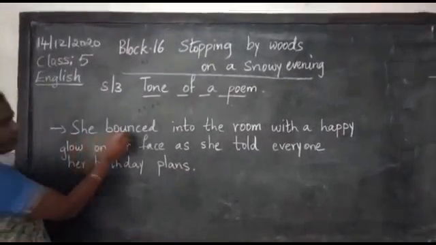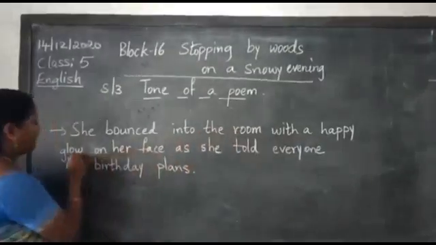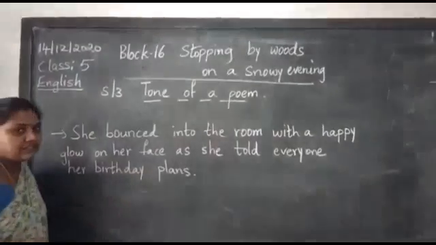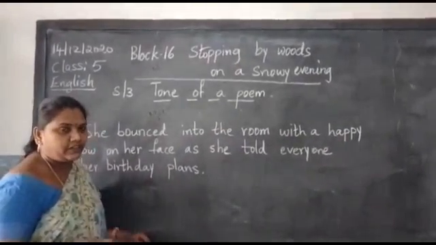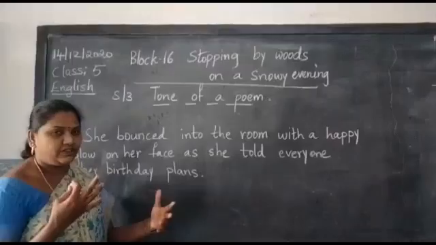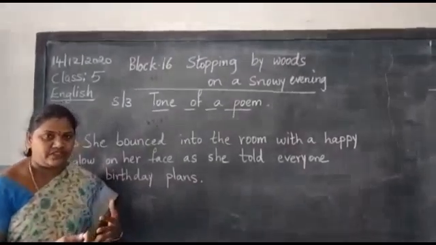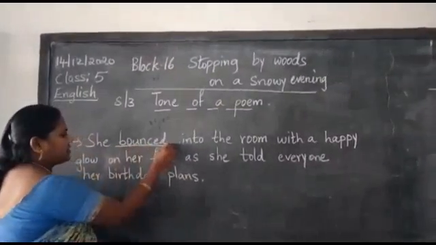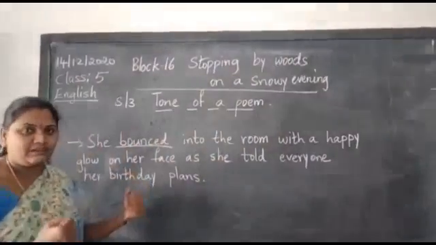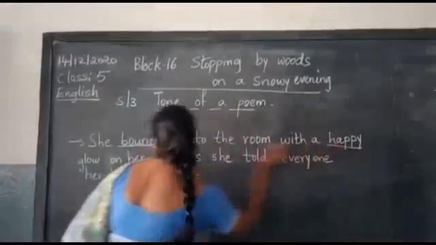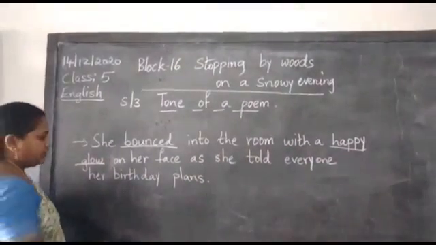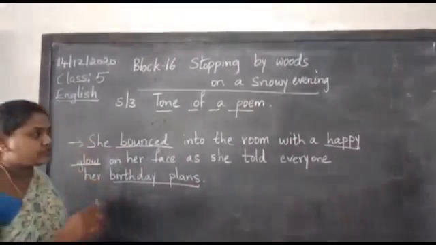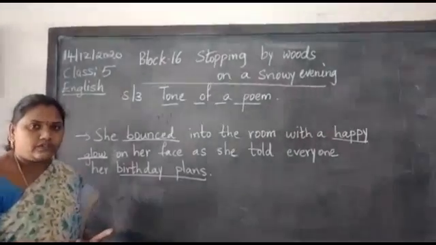Whenever we discuss birthday, automatically that smile, our feelings will express on our face, right? Now in this sentence, these words like bounced. Bounce means hooray, we'll jump, right? Happy glow. Birthday plans. So these are the words which help us to show the tone.